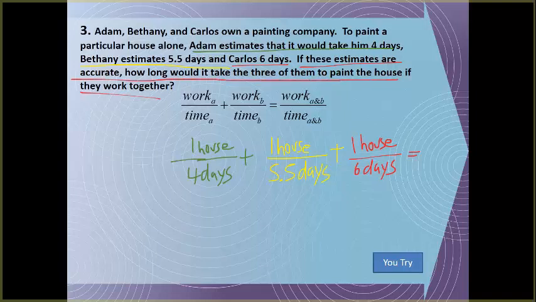So the work together is one house, but we have no idea how many days. X days. So what you're going to do is try and find your common denominator between 4, 5.5, 6, and X. The trick to finding the common denominator, you don't have to necessarily find the LCM with these. What you can do is literally just take all of these numbers that you see and multiply them.